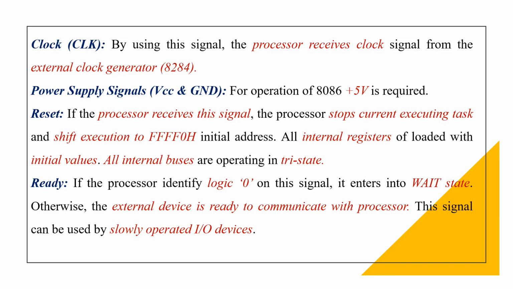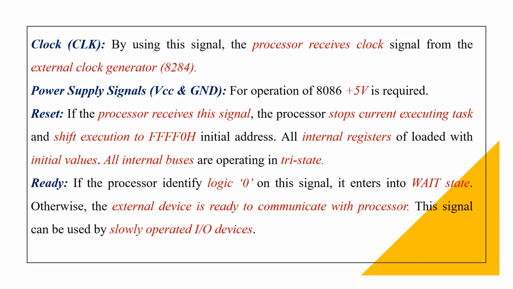That means once you turn on your 8086, there are some initial conditions. If you need the same initial conditions one more time, we simply reset our processor. At that time, we again get the initial conditions without switching off and switching on our processor. So here, the first thing is it stops the current executing task and shifts execution to the initial address, that is 4F0H.